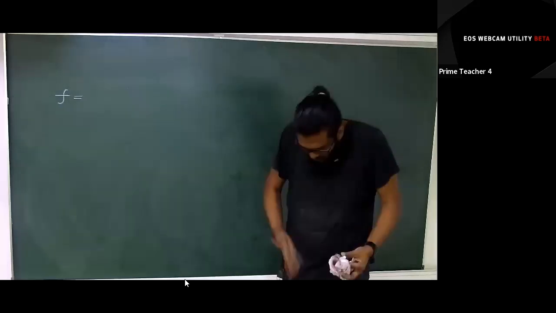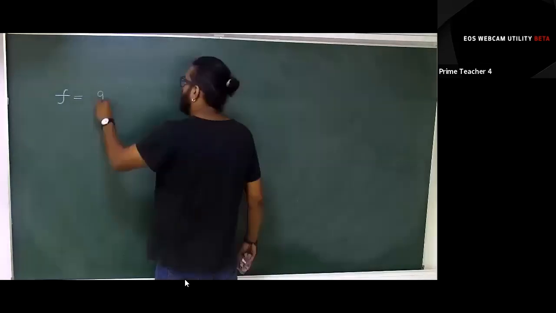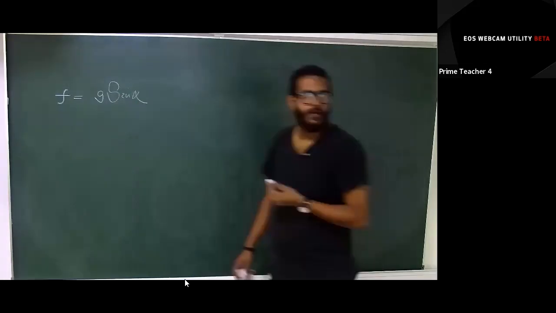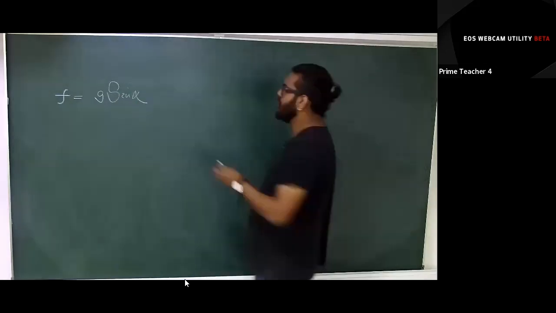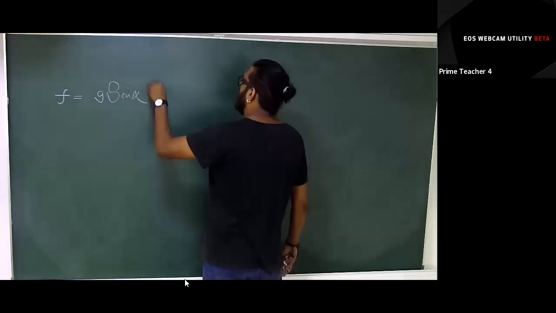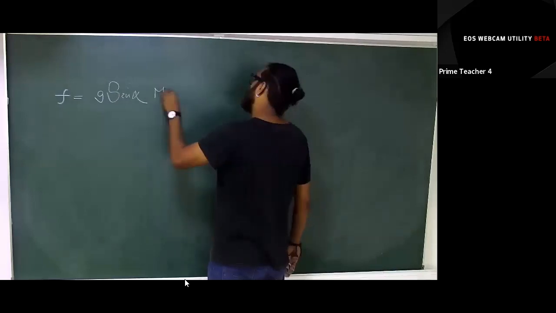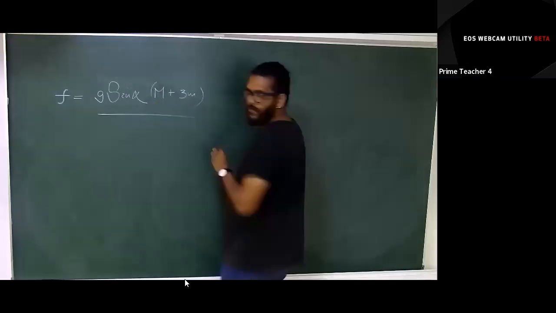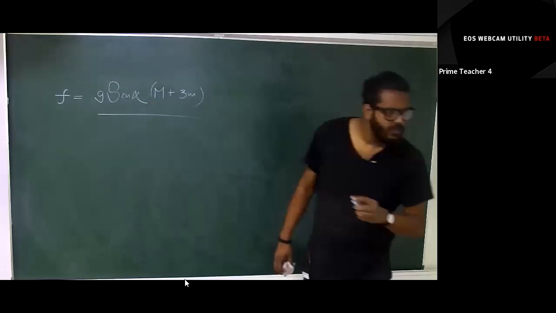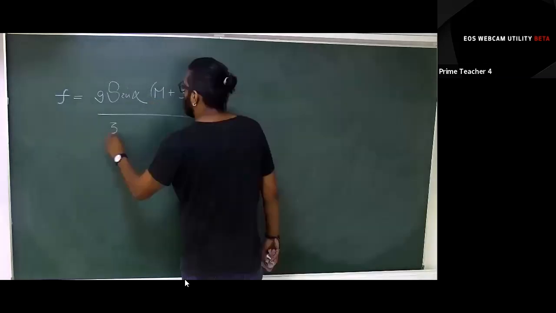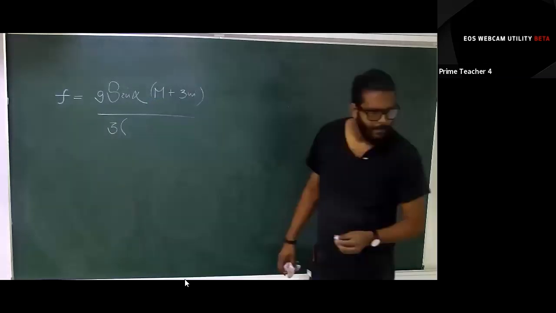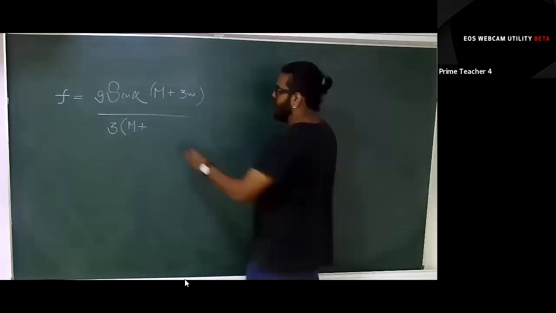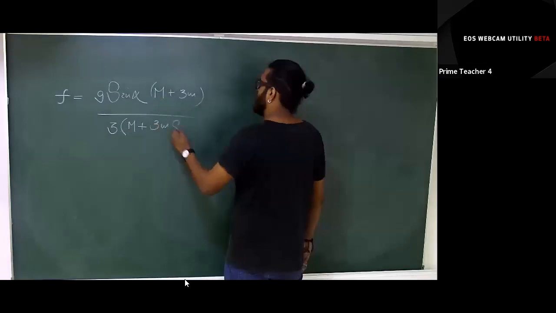g sin alpha times capital M plus 3m over 3 times capital M plus 3m sin square, right?